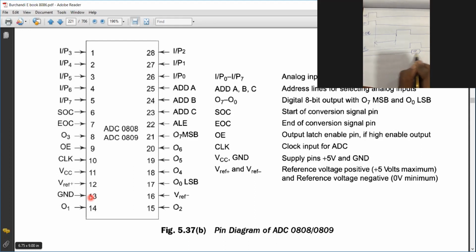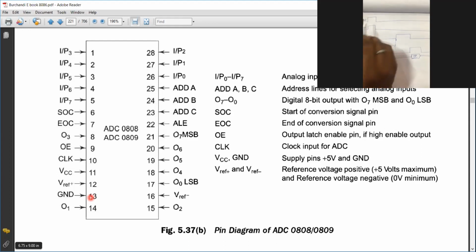So first you should give the ALE signal, then the SOC signal, then you will receive an EOC signal from the ADC, then you send another signal, OE, output enable. Then you can get the data. Is it clear? Yes, sir.